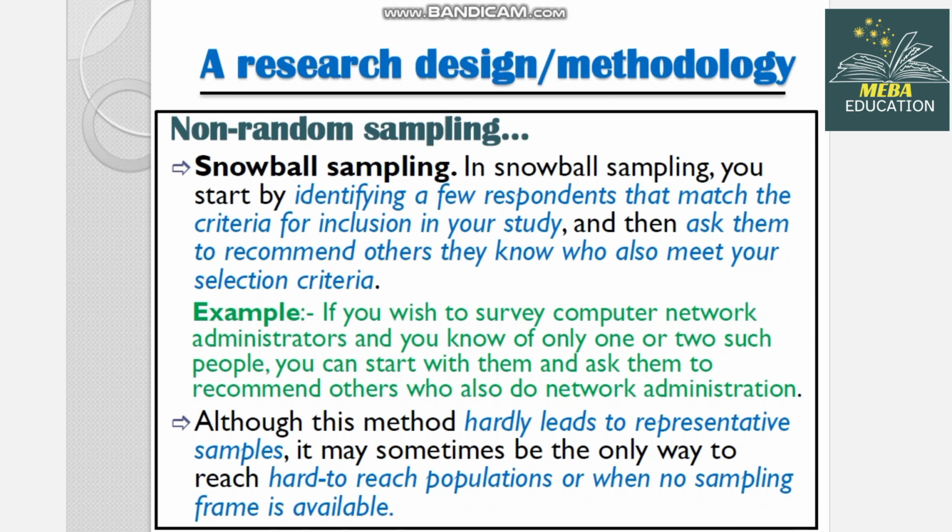Example: if you wish to survey computer network administrators and you know of only one or two such people, you can start with them and ask them to recommend others who also do network administration. Although this method hardly leads to representative samples, it may sometimes be the only way to reach hard-to-reach populations or when no sampling frame is available.